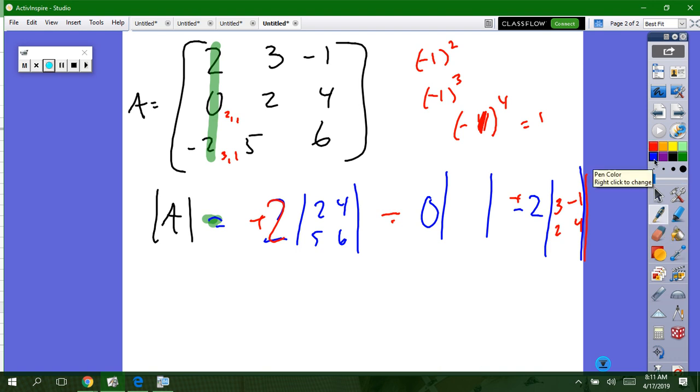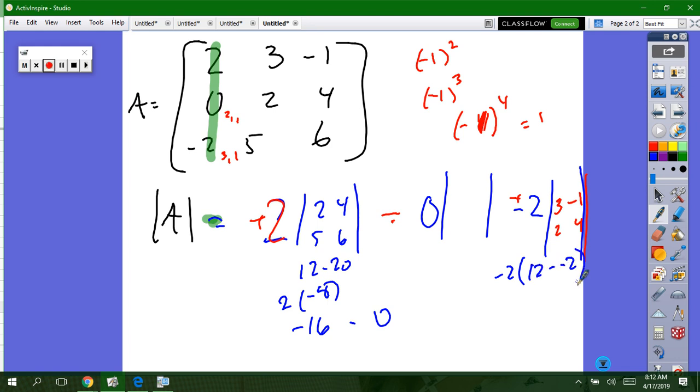Okay. Here's what we have. What is the determinant of this guy? 12 minus 20, right? Correct? 12 minus 20 is negative 8, times by 2 is negative 16. I didn't have to do anything here because that was 0, so that's minus 0. Then I have negative 2 times 12 minus a minus 2, because it's going down and then across.